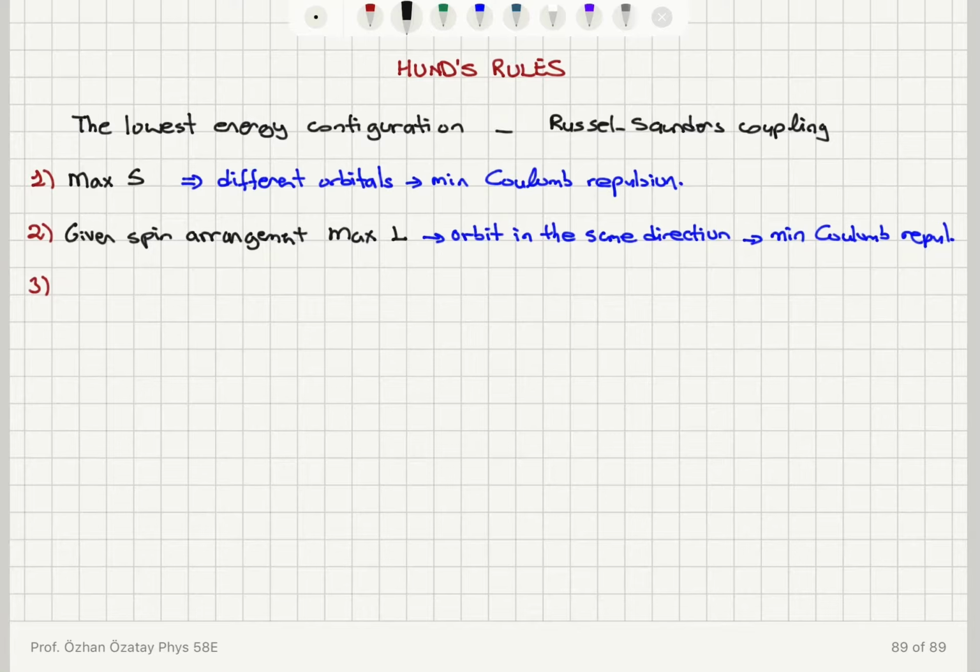Number 3, for atoms with less than half-full shells, the lowest energy configuration is the one with lowest total J. So less than half-full shell implies that J is minimum.